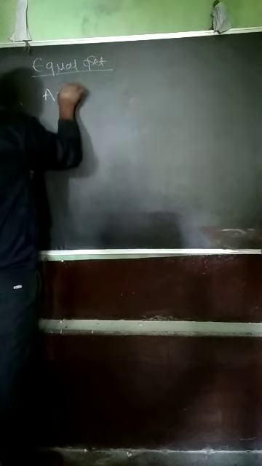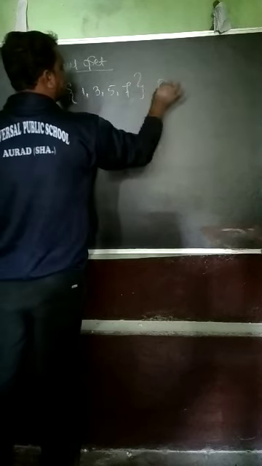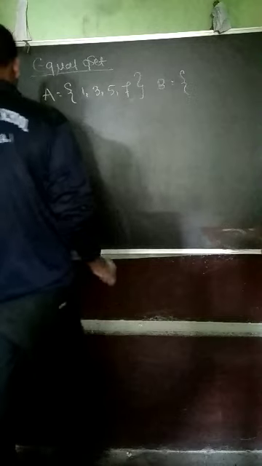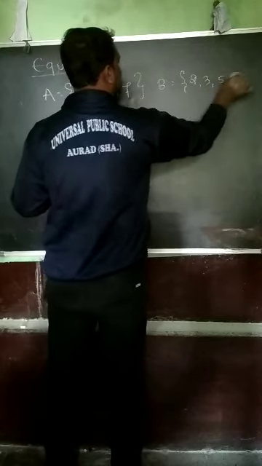Suppose set A is equal to 1, 3, 5, 7 and set B is equal to 2, 3, 5, 7.